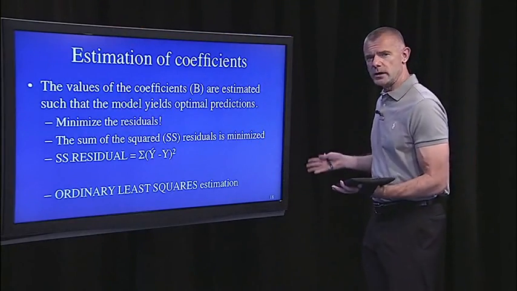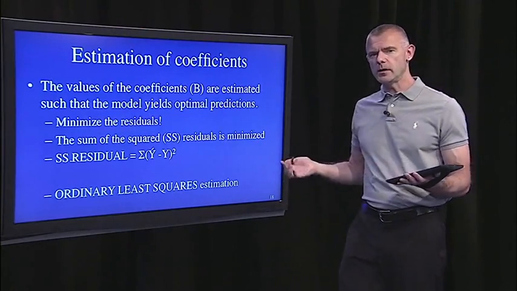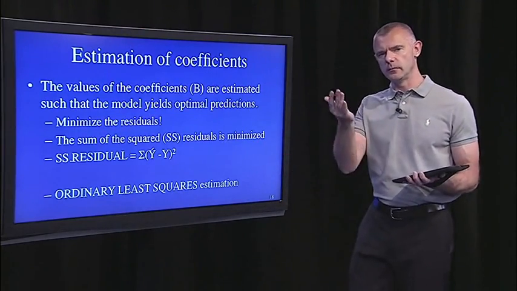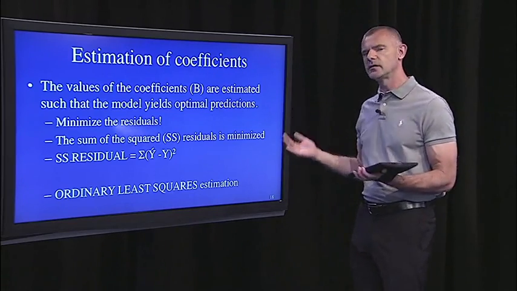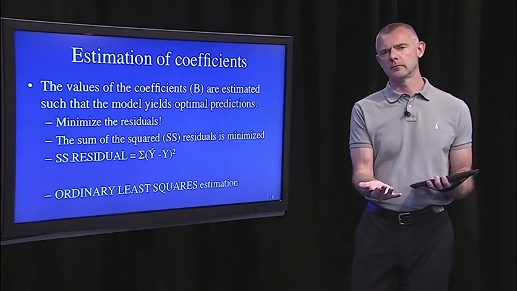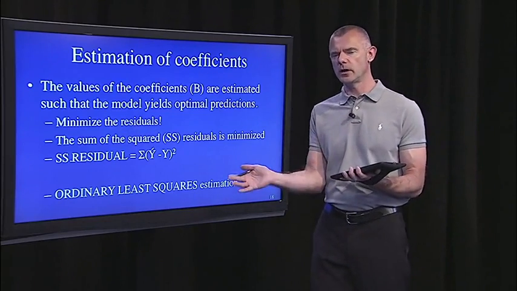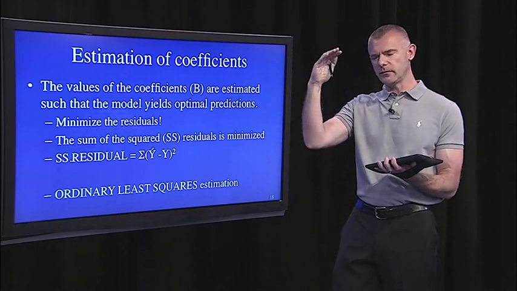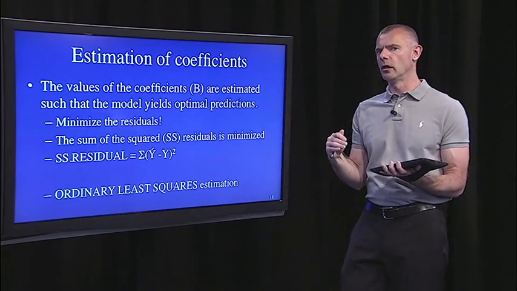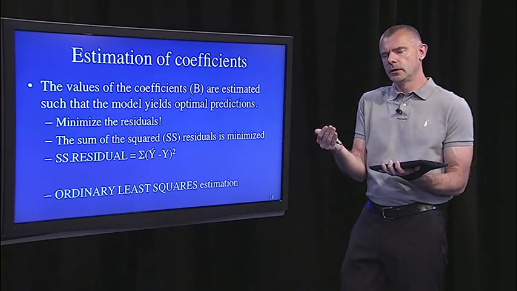So the way to do that is just like we did with descriptive statistics, where we calculated sums of squares, we can calculate the sum of squared residuals. Because again, some of the prediction errors are going to predict too high, so they're going to be positive, but others we're going to predict too low, so they're going to be negative.